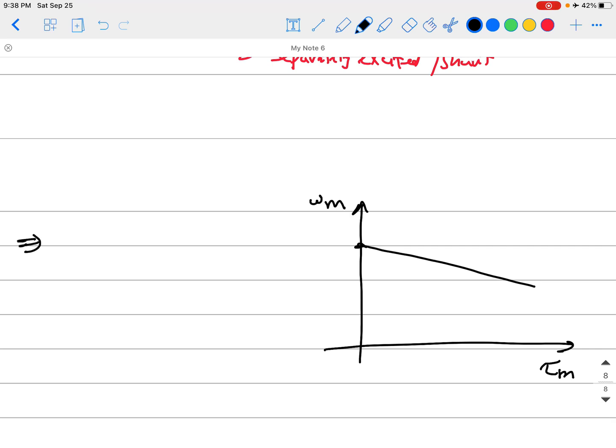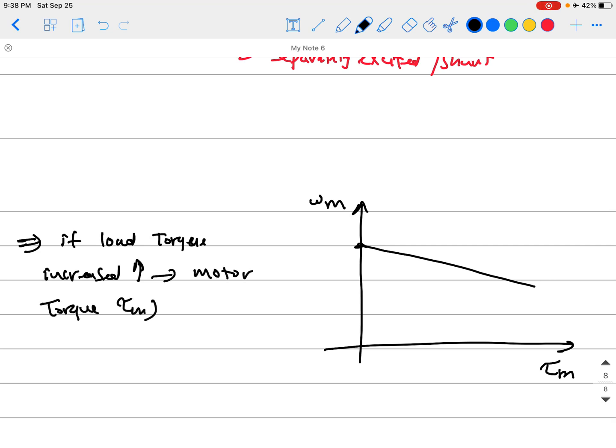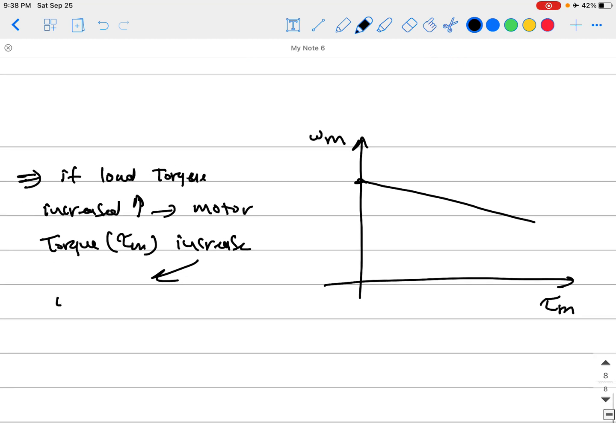We mean that if the load torque increases, the motor torque T motor will increase, and this will cause the speed omega m to decrease.